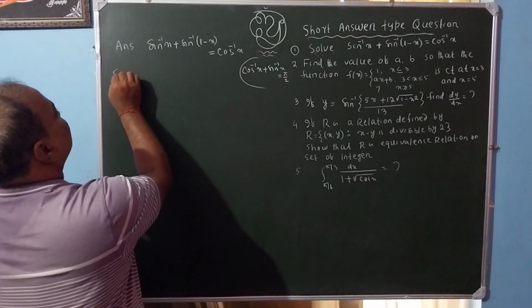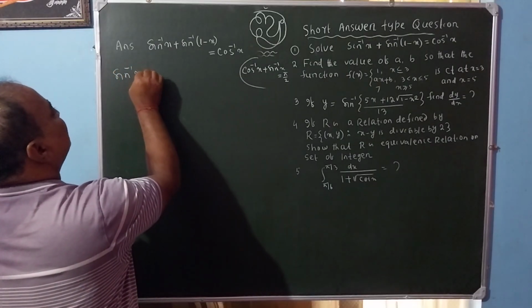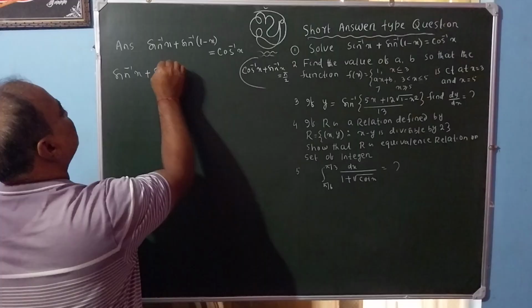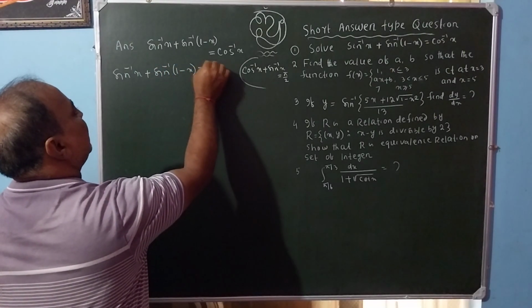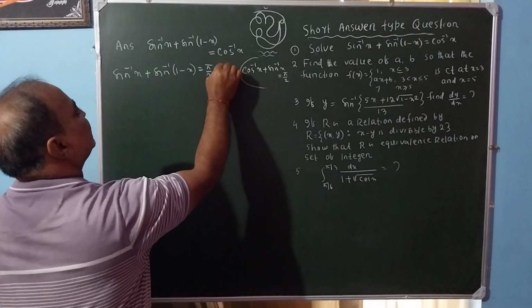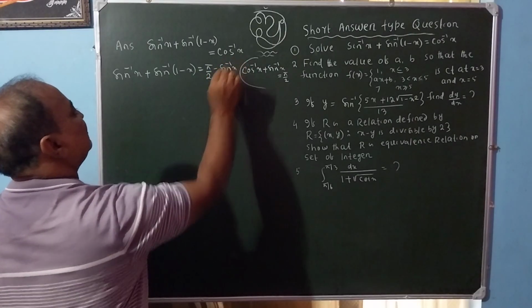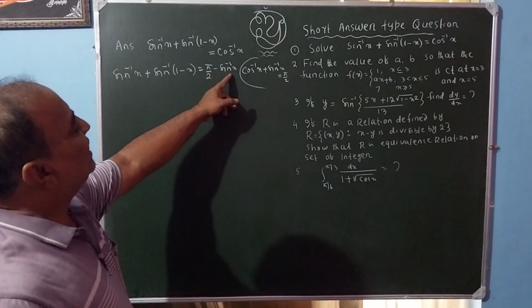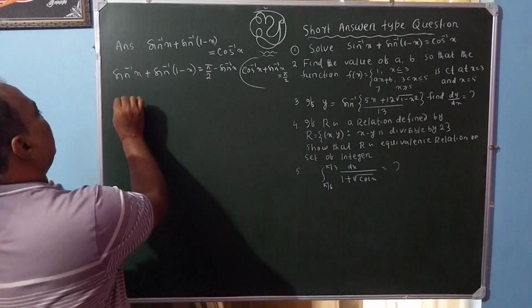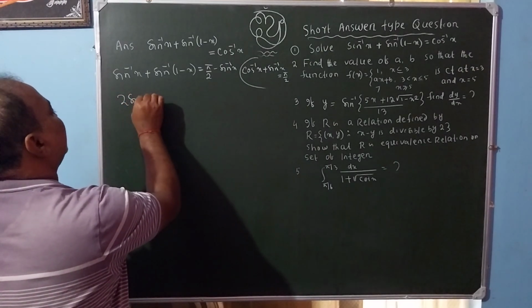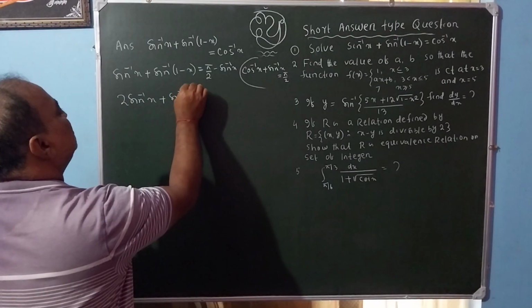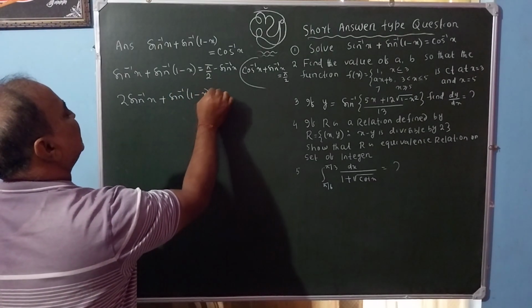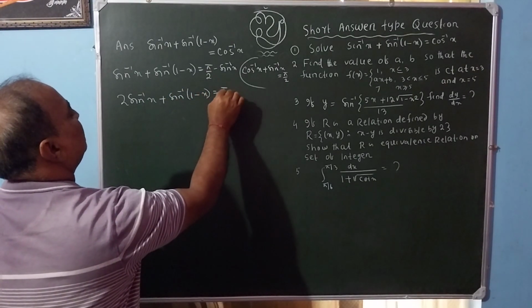So sin inverse x plus sin inverse (1 minus x) is equal to pi by 2 minus sin inverse x. Minus sin inverse x goes to this side, so here it is 2 sin inverse x plus sin inverse (1 minus x) is equal to pi by 2.